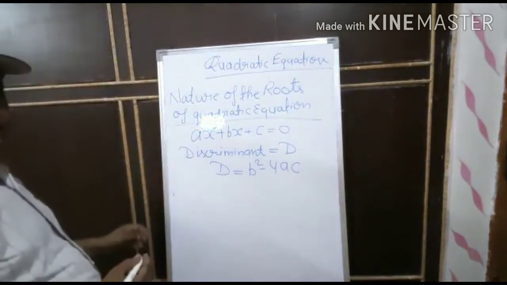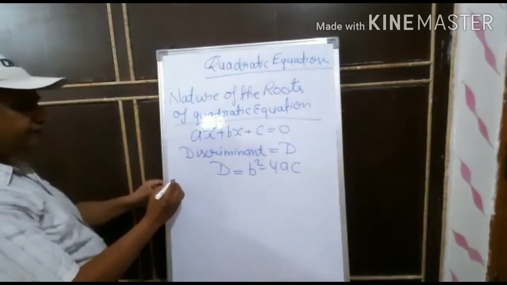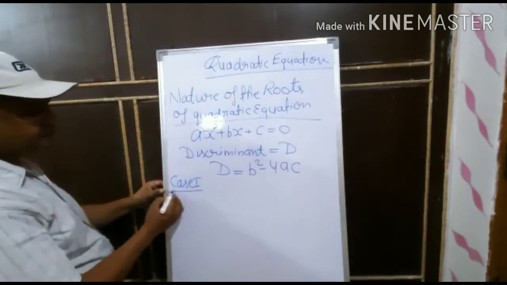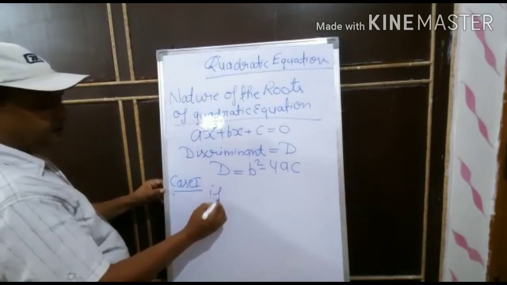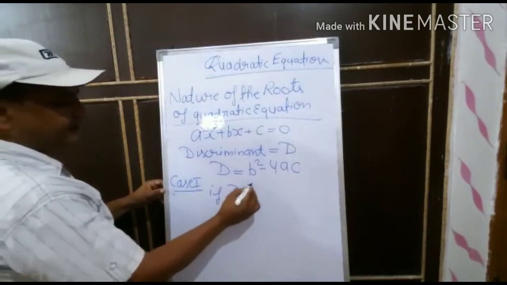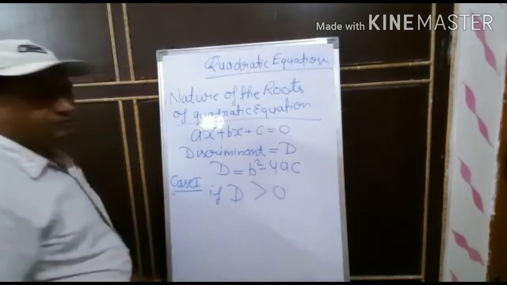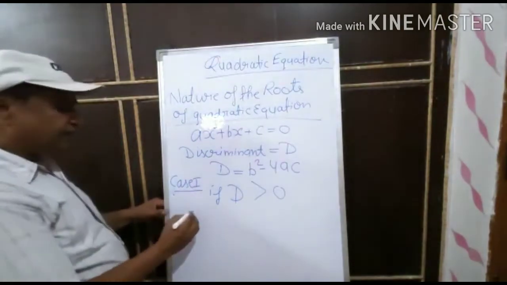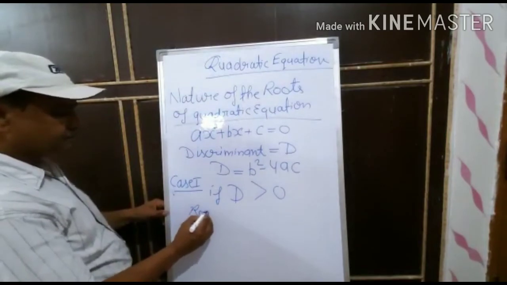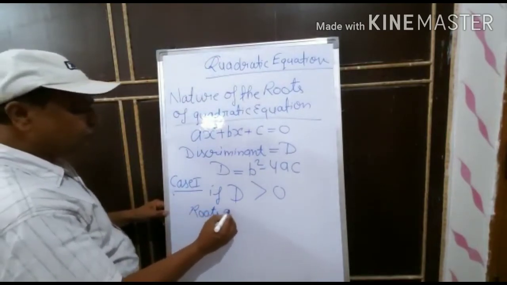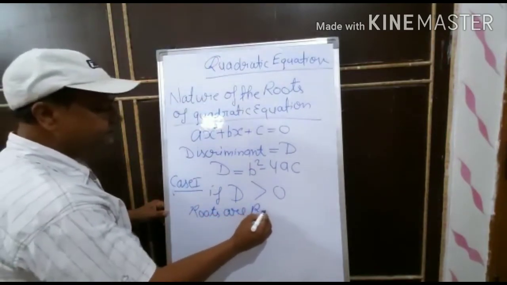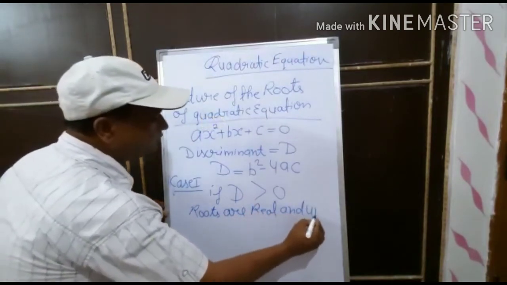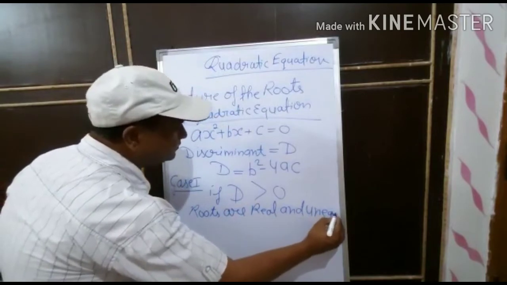There are three cases for discriminant. Case 1. If D is greater than 0, it means when D is positive, then roots are real and unequal.